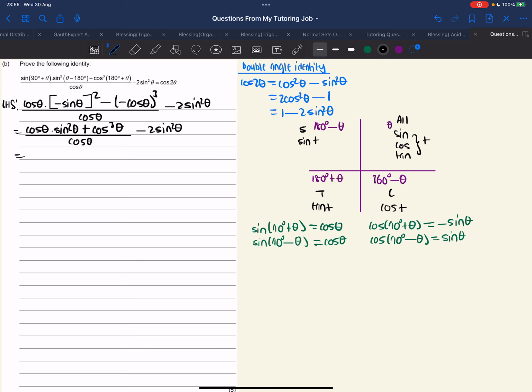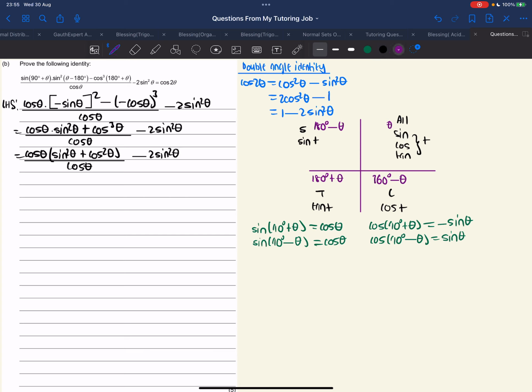And then now what we can do is take out cos theta as the common factor. If you do that, we're going to be left with sine squared theta plus cos squared theta, and that is all over cos theta minus 2 sine squared theta.